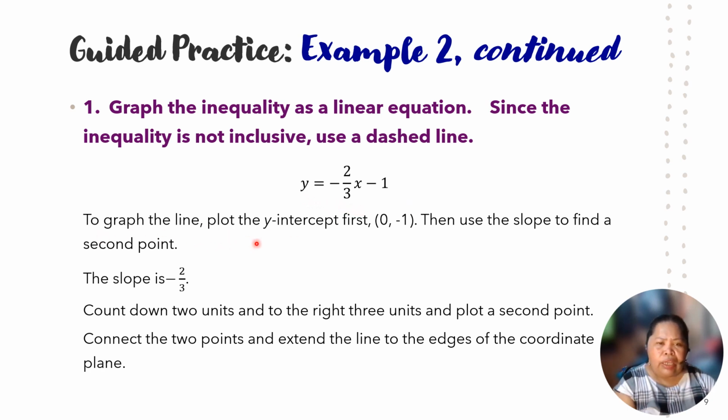To graph the line, plot the y-intercept first, (0, negative 1). Okay, then use the slope to find the second point. The slope is negative 2/3, so count down 2 units and to the right 3 units to plot the second point. Then connect the 2 points and extend the line to the edges of the coordinate plane.